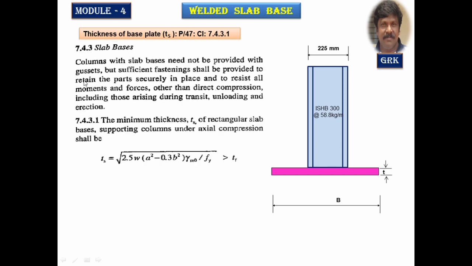In that clause it's given as thickness of the slab Ts is equal to under the root 2.5 times W, the net upward pressure, into A square minus 0.3 B square, into gamma m0, which is given in page 30 of the code, divided by Fy, the yield stress of the material. The complete value shall not be less than Tf. It should always be greater than the thickness of the flange.